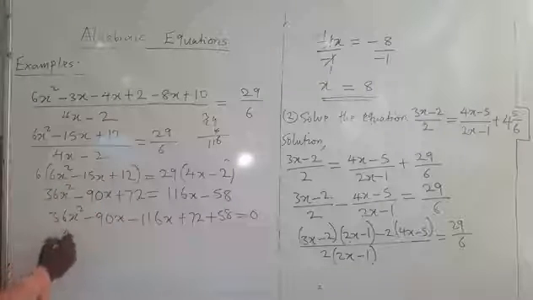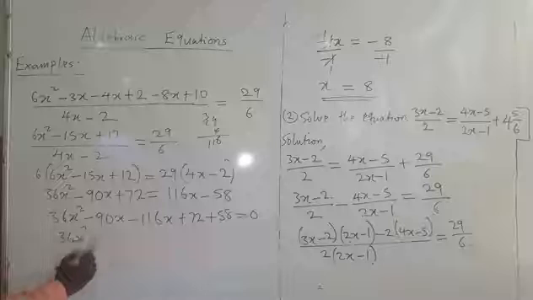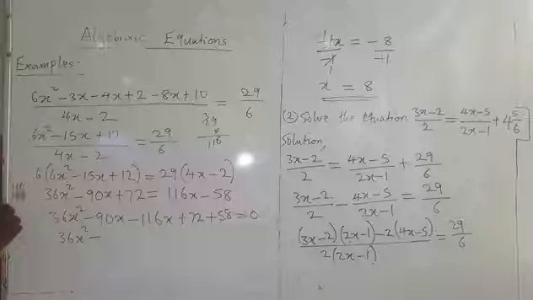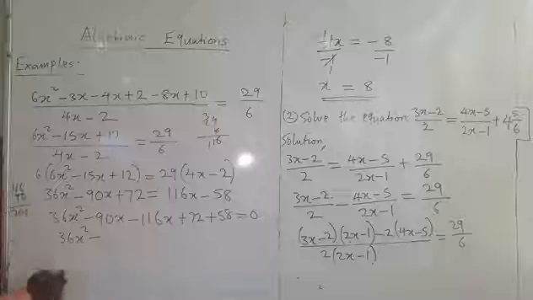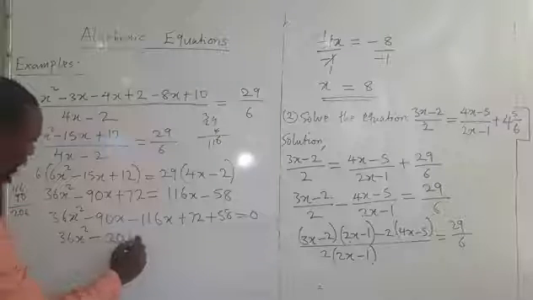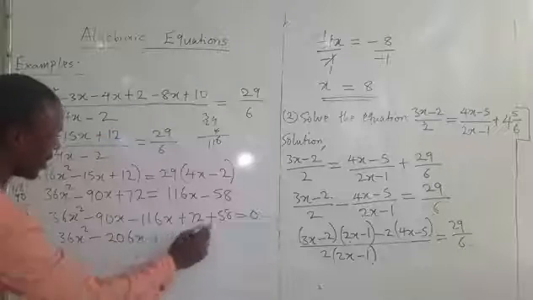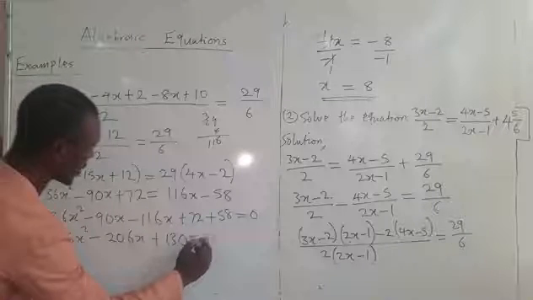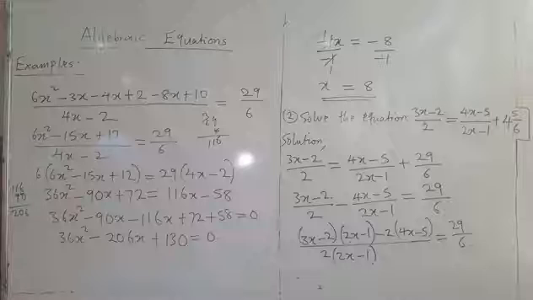So we have 36s squared minus, so 116 plus 90, that is 206s, then plus 72 plus 58, that's 130, equal to 0. So I think we have a number that can go here.